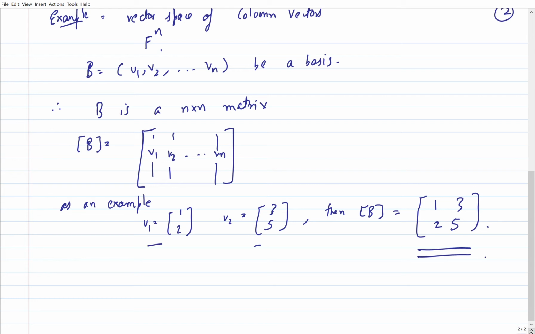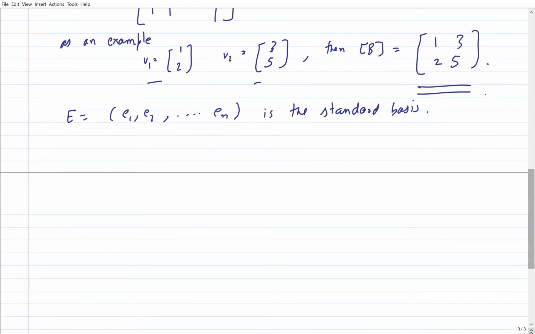We usually deal with what is known as the standard basis, which I denote by E1, E2, En. And by standard basis, I mean this matrix E is essentially an identity matrix.